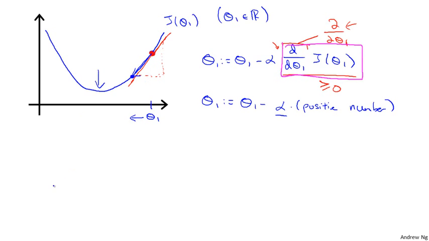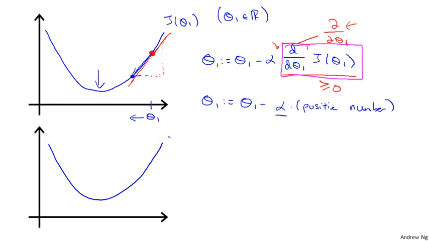Let's look at another example. Let's take my same function J and draw the same function J of theta 1. Now let's say I had instead initialized my parameter over there on the left, so theta 1 is here, at that point on the function.